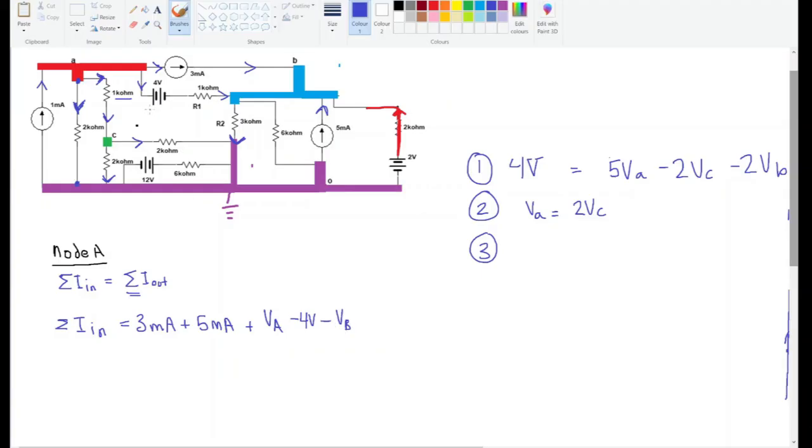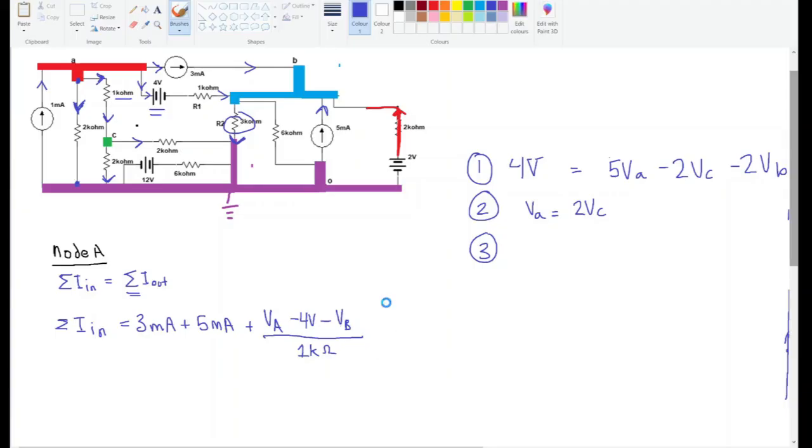And remember, it's subtracting the voltage because we're going through the battery the wrong way, from the positive terminal to the negative terminal. We have to make sure we put all of that over the resistance value. The resistance here is 1 kilo ohm. Okay, that's done. We'll do this one over here, R2.